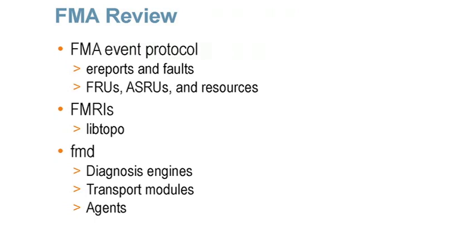Everything in FMA is built off fMRIs, fault managed resource identifiers. They're associated with a scheme, and they look like a URL, pretty much. There's a couple different schemes. The most interesting one for administrators is the HC scheme, which describes the physical components of the topology. And when we talk about FRUs, they are exclusively expressed in terms of the HC topology.